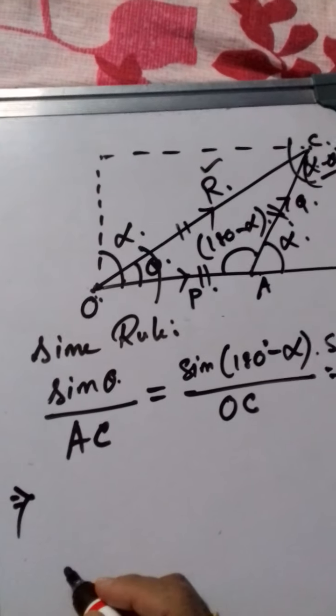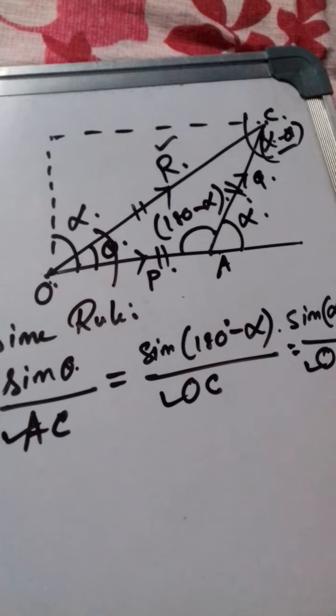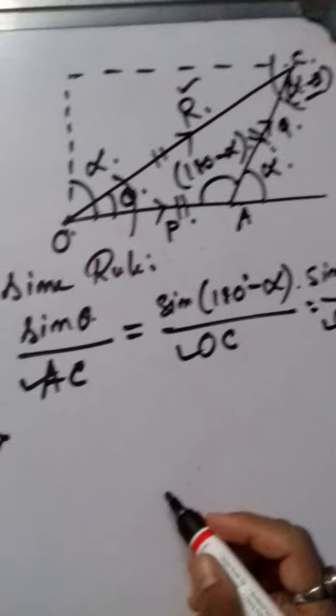Now coming to, if you just substitute the value of AC, OC and OA, I think you know the values, right?